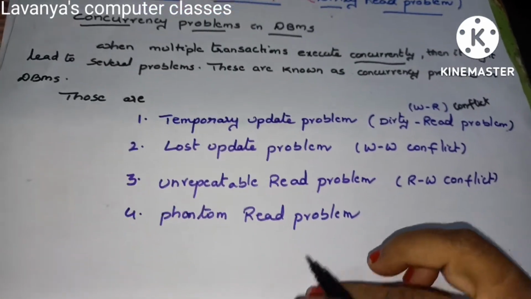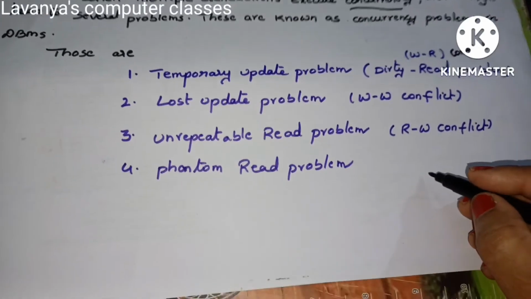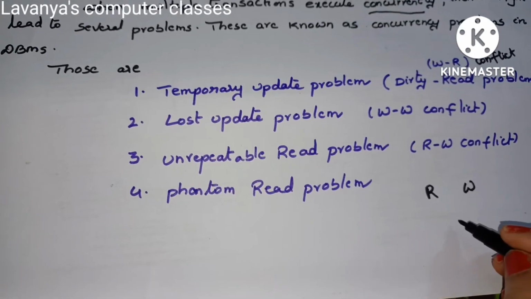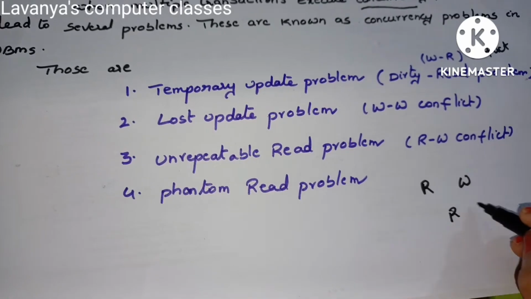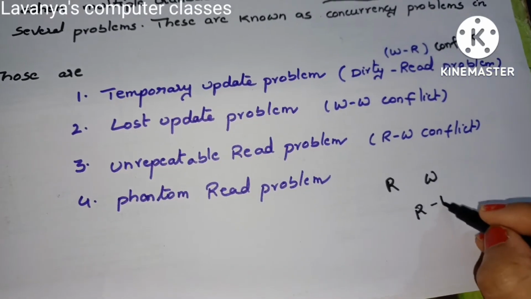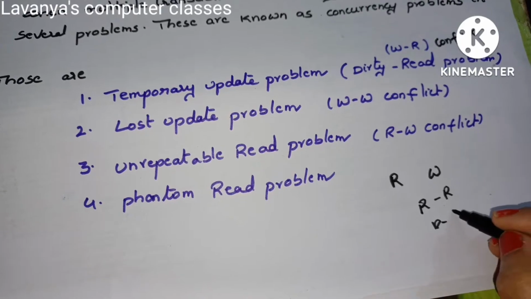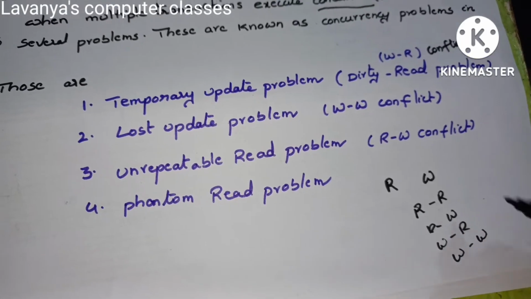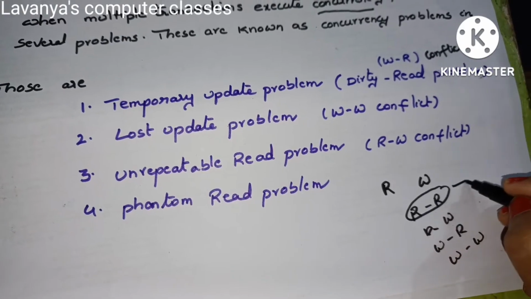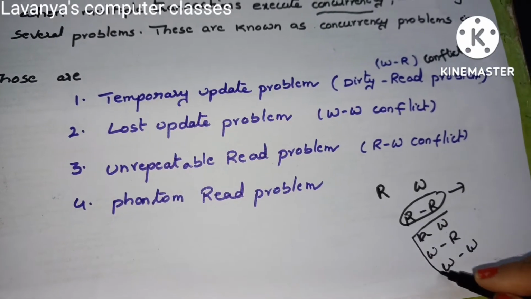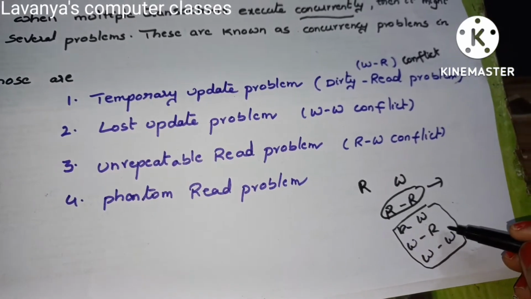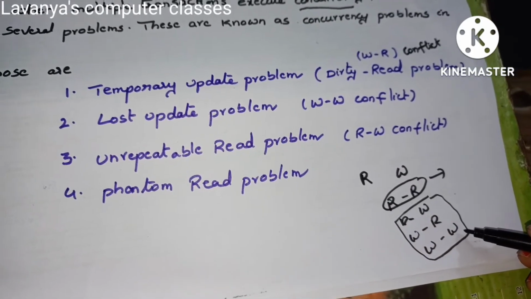In transactions, we have two operations: one is the read operation, second one is the write operation. So what are the possible sets? RR, RW, WR, WW. Whenever read and read happen, there is no problem, but we face conflicts in these three patterns: read-write, write-read, and WW.